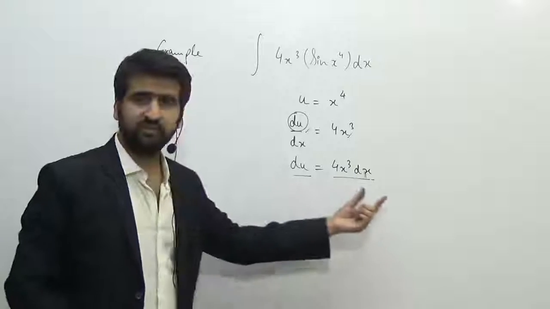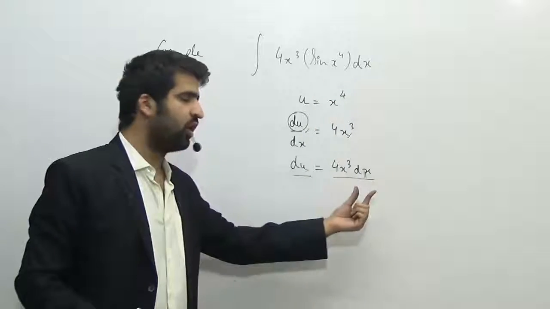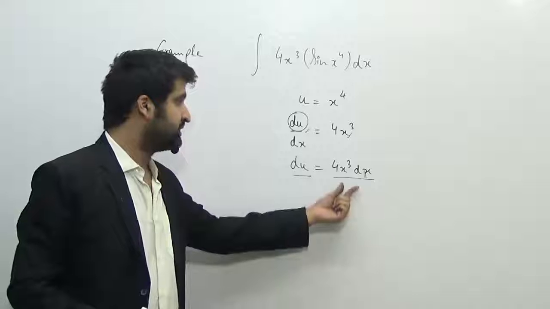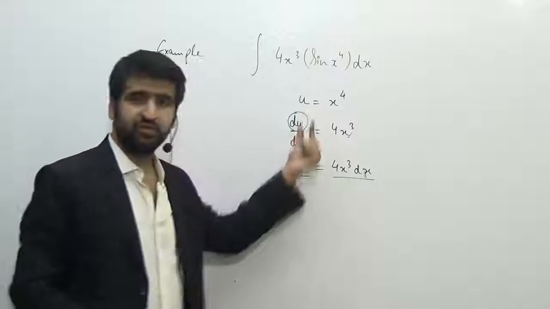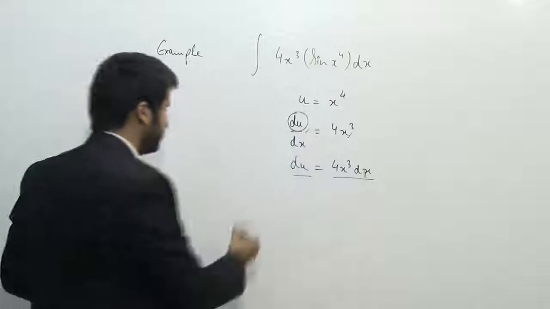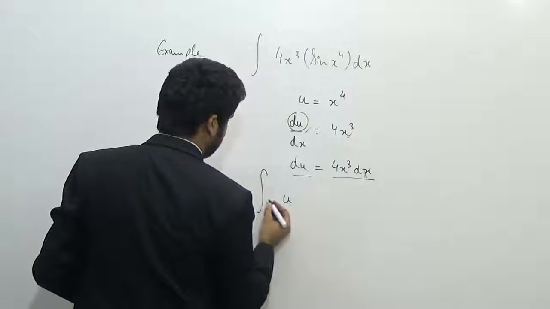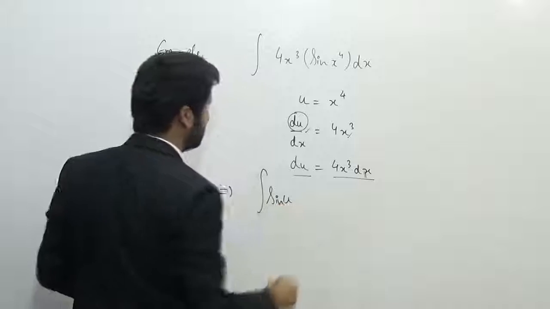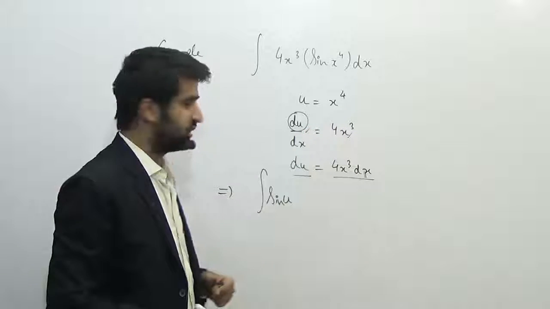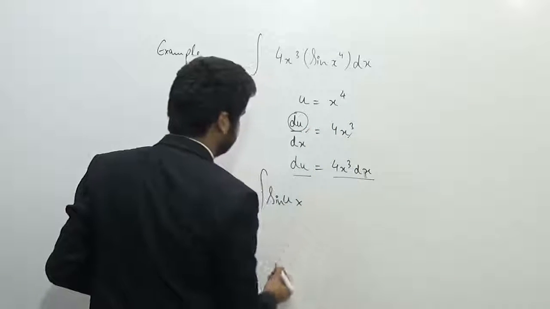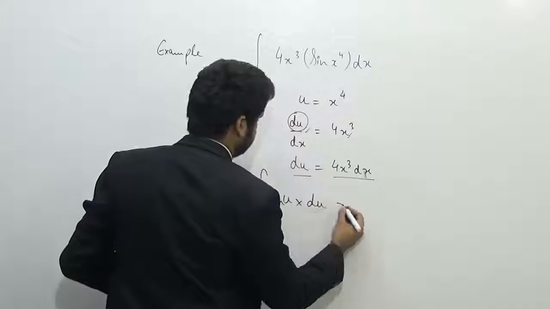So every time some coincidence like this will be found. If the question is coming for a composite function, you will always get such a function which is the differentiation of u. So this can be written as sin u, since we took u is equal to x to the power 4, multiplied by du.